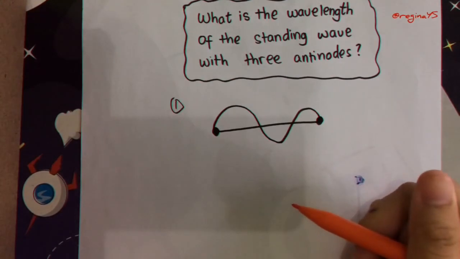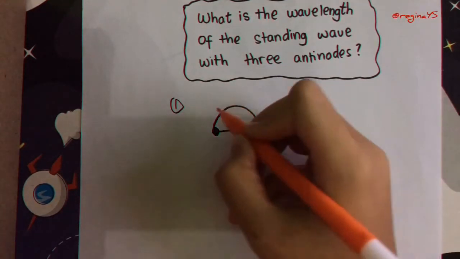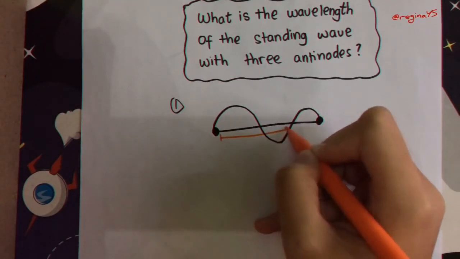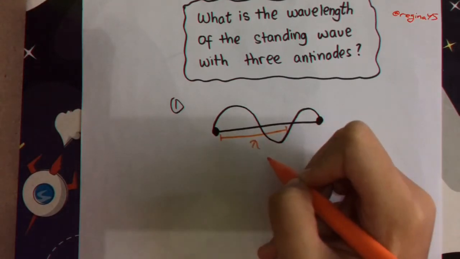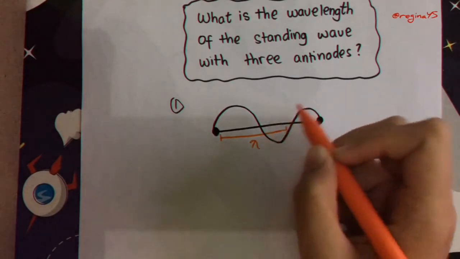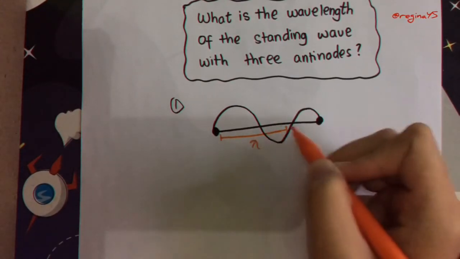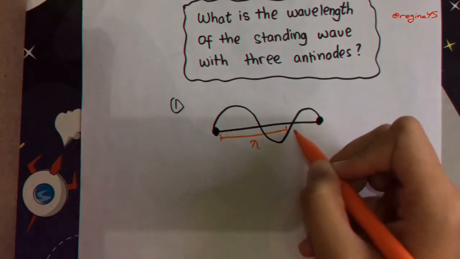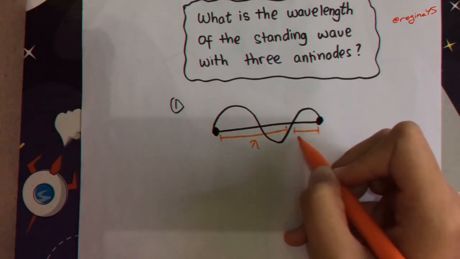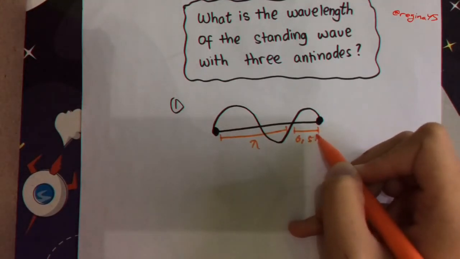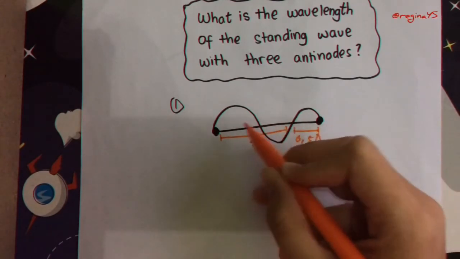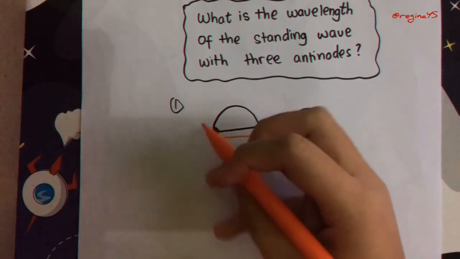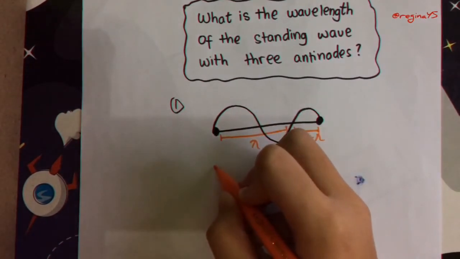So the next thing to do is to count how many wavelengths the 3 antinodes have in a string. So this is 1 lambda, this is 1 wavelength over here, but it says that it has 3 antinodes, right? So this string will have a half more of lambda right over here. All along the string, we have 1.5 lambda.